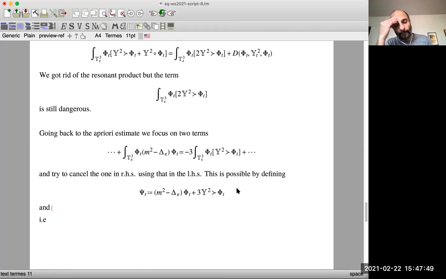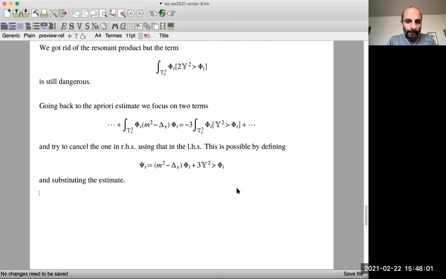And substituting in the estimate. Now this is a definition, but if you don't do it right, it will not provide what you want. So somehow you have to complete the square, okay? We are completing the above square.